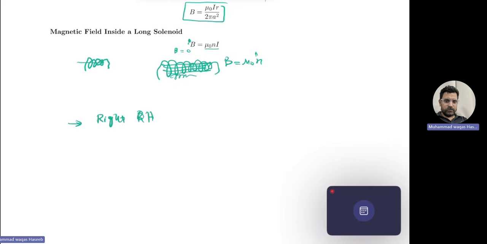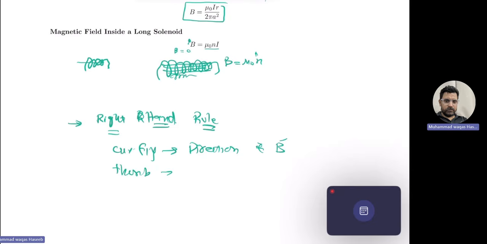If you have a right hand, your curled fingers represent the direction of the magnetic field, your thumb indicates the current, and the palm the force.